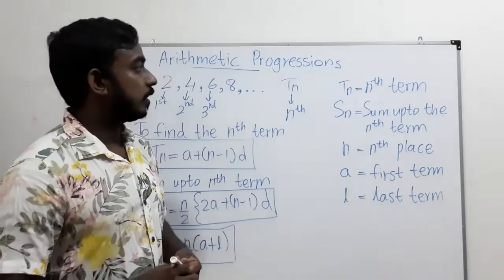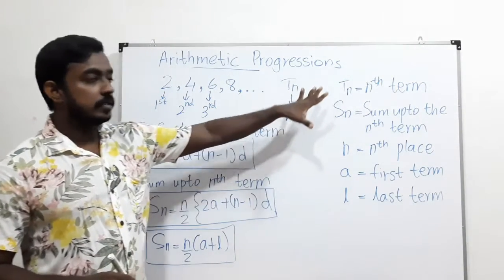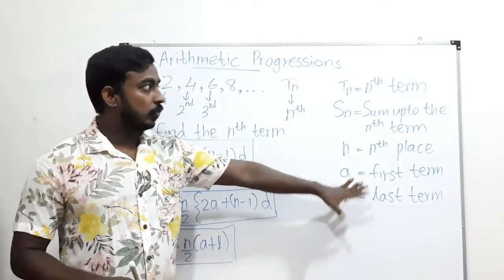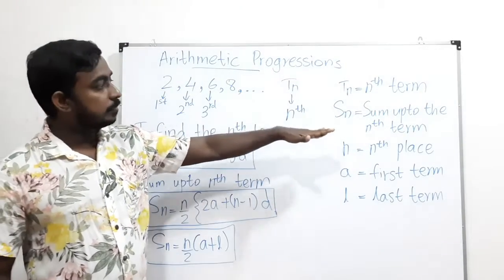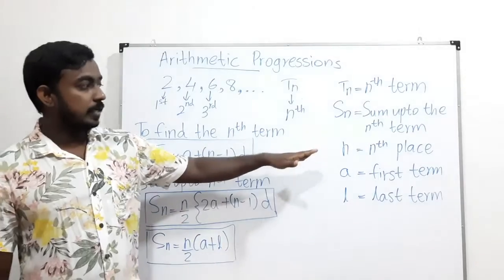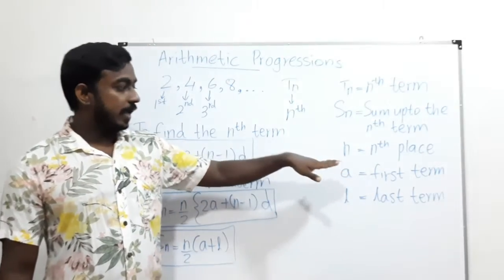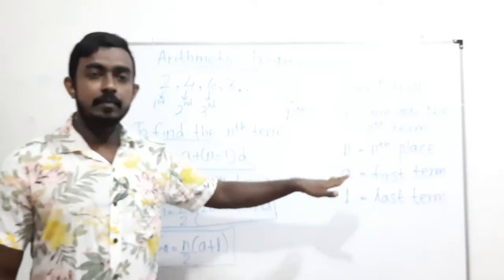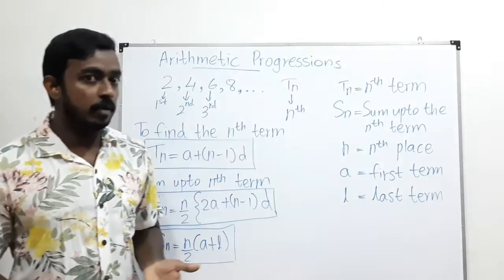Hope all of you can understand what these terms stand for. Tn means nth term, Sn means sum up to the nth term, n means nth place, a means the first term and l means the last term. They are easy to remember.